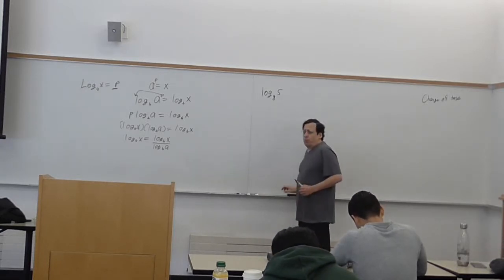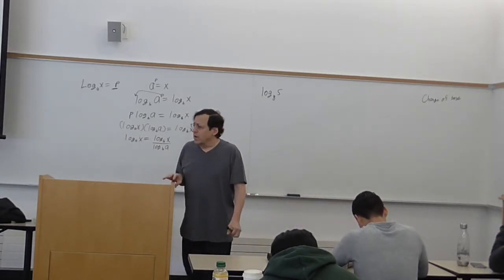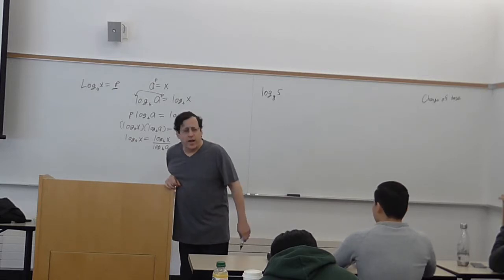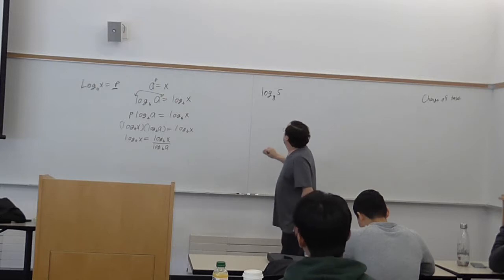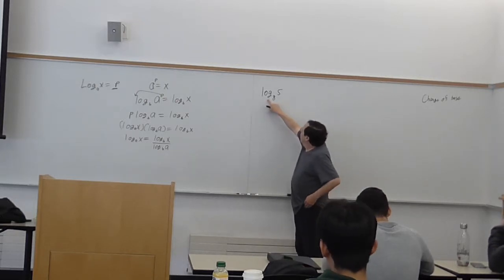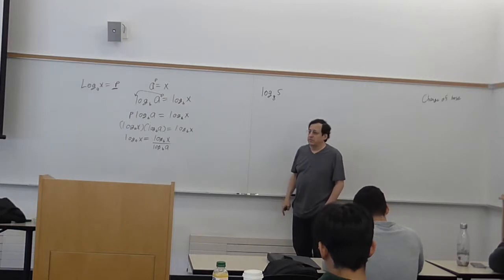Let's see what that would be good for, practically speaking. If you look at your calculators, any of you who have a scientific calculator, you'll notice there's no log to the base 8 button. Right?